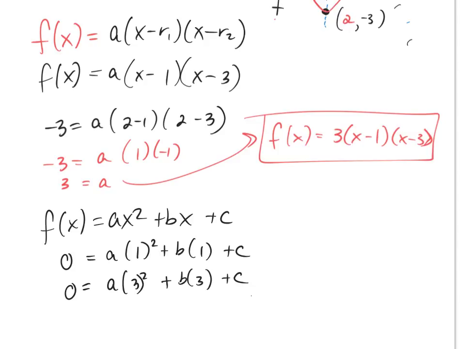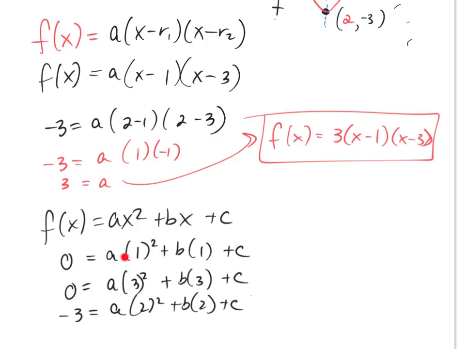And then if I plug in the last coordinate, I have -3 equals a times, and what was the last coordinate? 2 comma -3? 2 squared plus b times 2 plus c. How many equations do you guys all see here? How many variables?